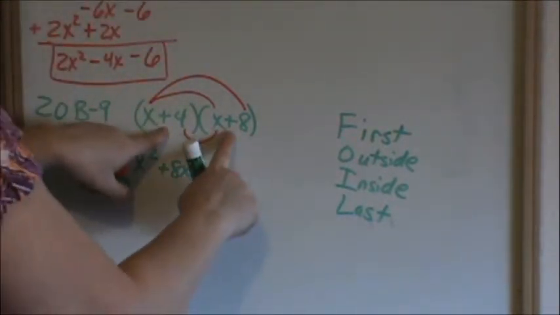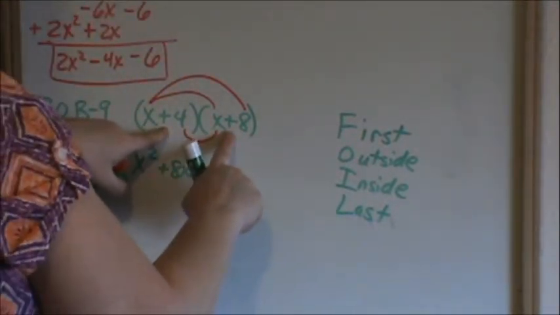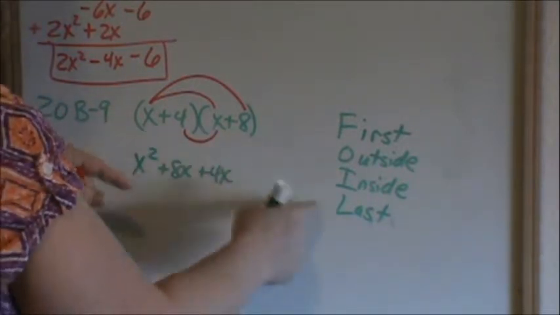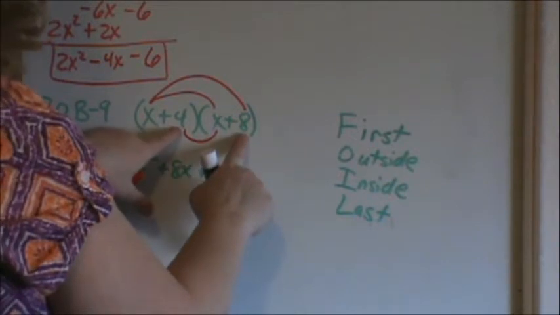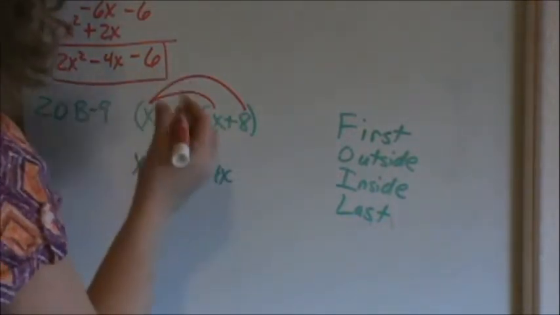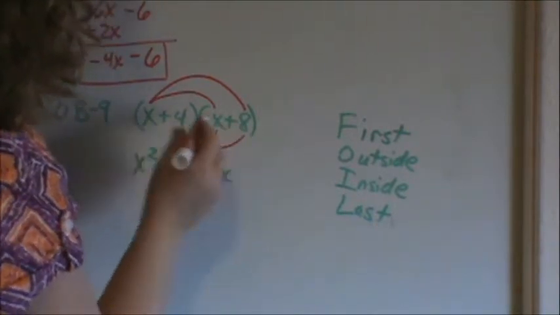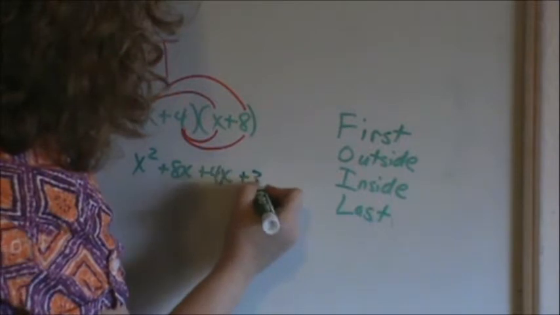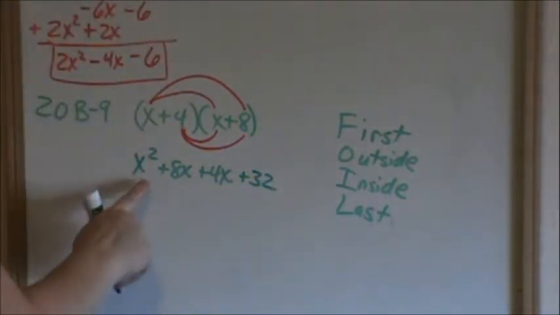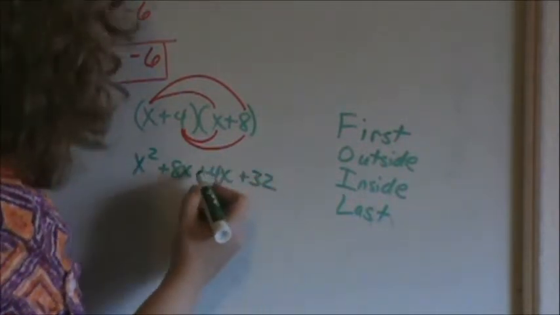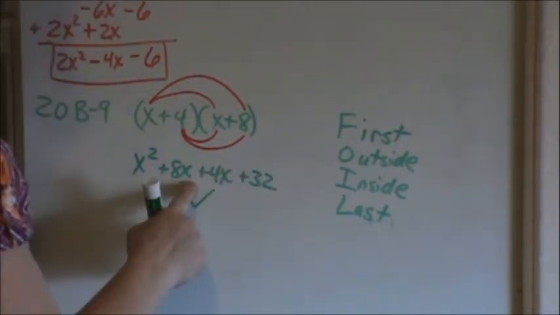Everything was positive. When everything is positive, I like to say we're in a positive world and everything will always be positive. The very last thing we need to multiply is the last terms. These are the last terms in both parentheses. So you multiply the positive 4 to the positive 8, and that would be a positive 32. Now you see we have x squared plus 8x plus 4x plus 32. You can combine like terms.